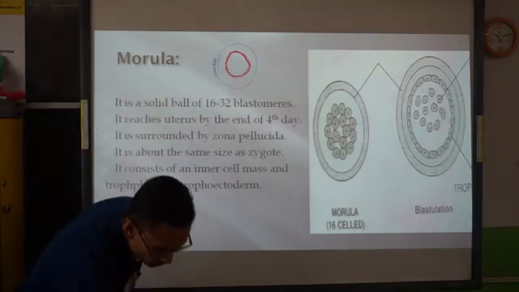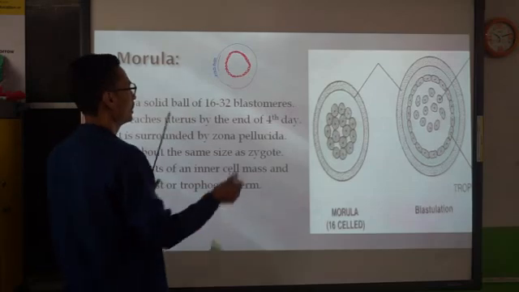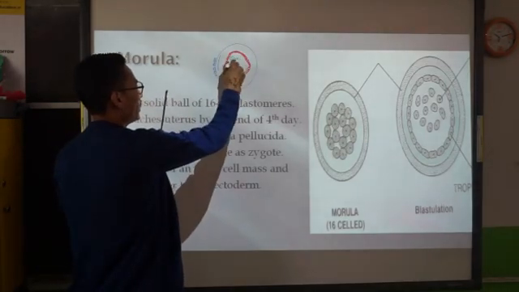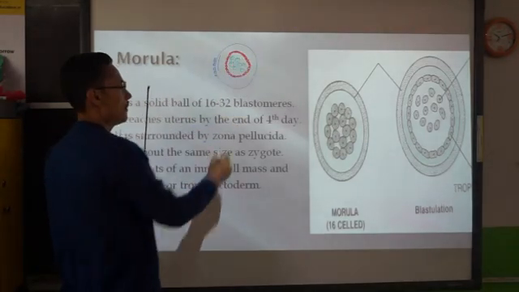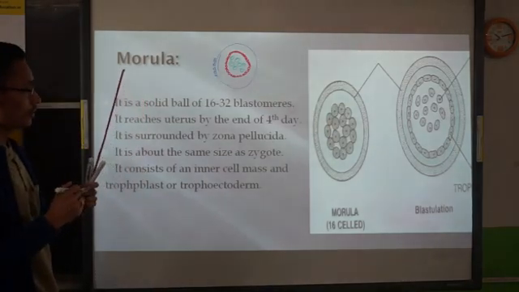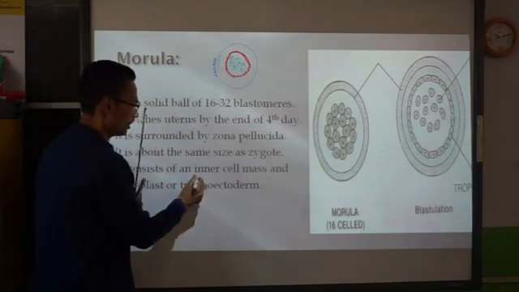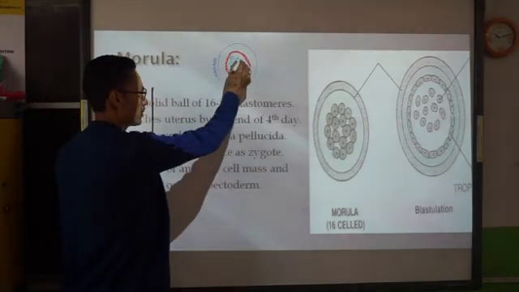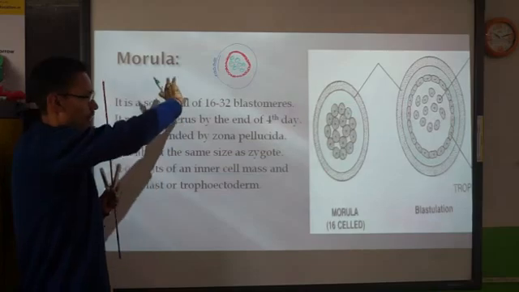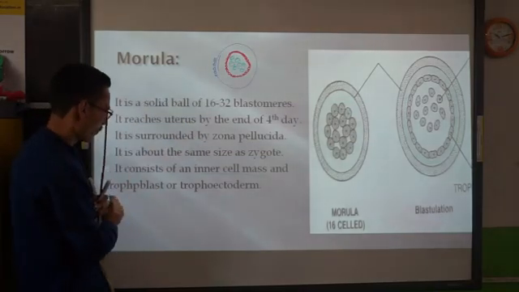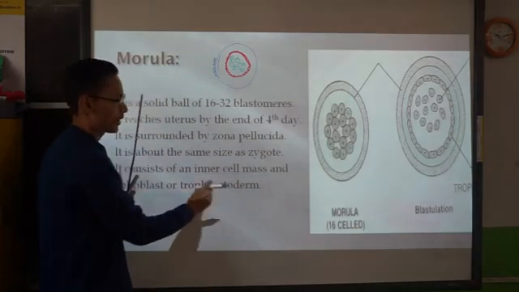And inside that one we will find the larger cells, you can see over here, which is called the inner cell mass. Okay, so the morula is mainly composed of two types of cells. First one is the inner cell mass, which is present on the inner side, and the outer lining, which is called the trophoblast or the trophoectoderm.